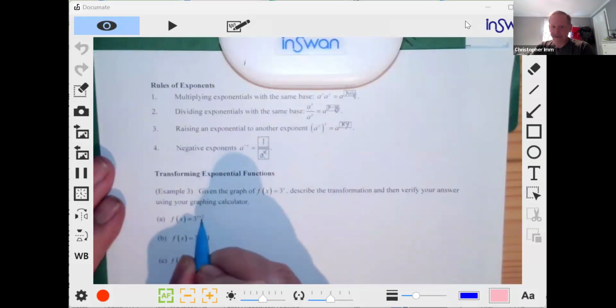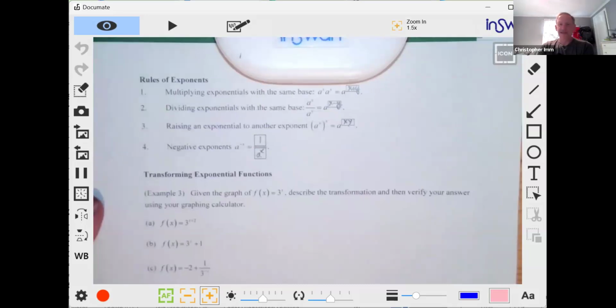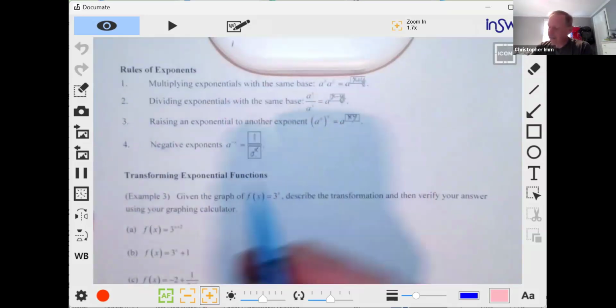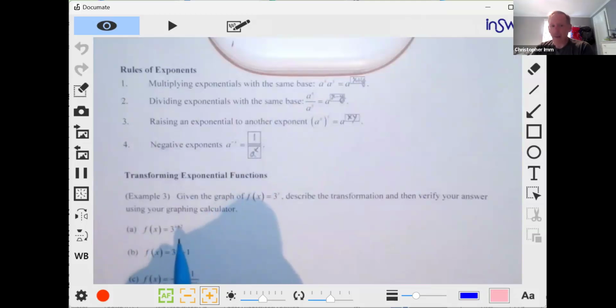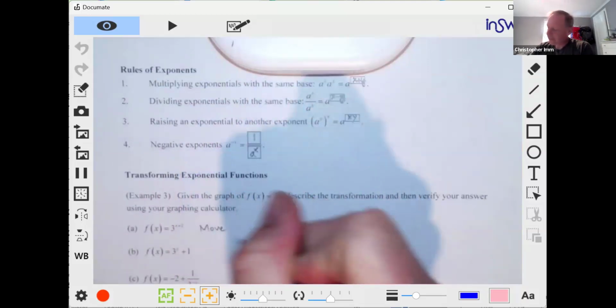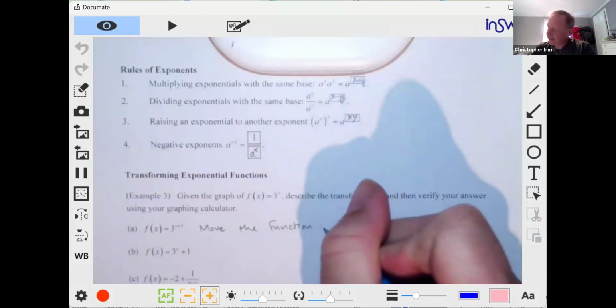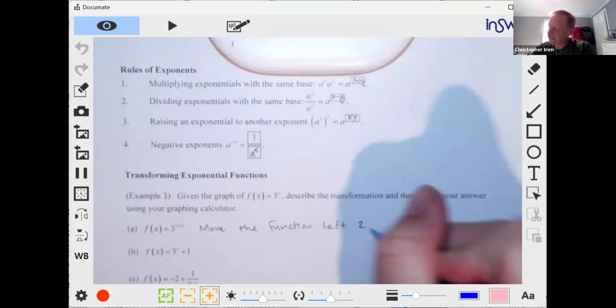Notice this x plus 2 is an inside change. And with inside changes, things do the opposite of what we think. So an additive inside change is going to move the function left 2 units.